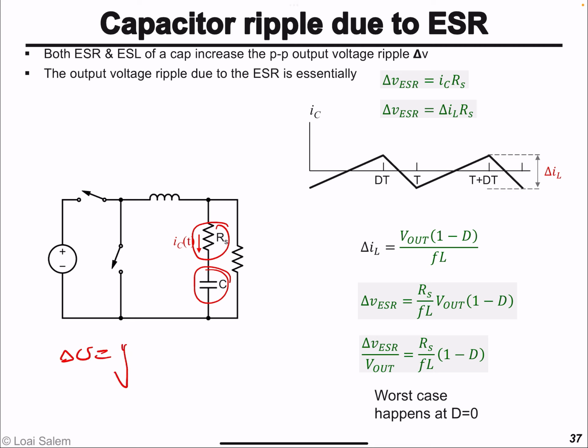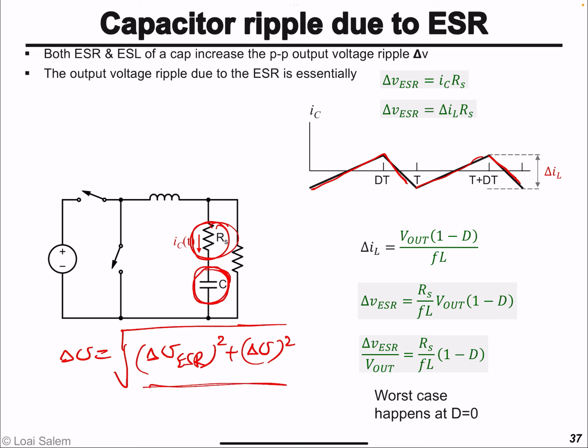There is a simple expression, which is the norm of the ripple due to the ESR squared plus the ripple due to the capacitor squared. And it is the norm because the ripple in the resistor due to the capacitor current will be in phase with the capacitor current, which is the inductor ripple current, right? While the ripple in the capacitor voltage will be 90 degrees phase shifted. That's why to combine them we just use the norm essentially.